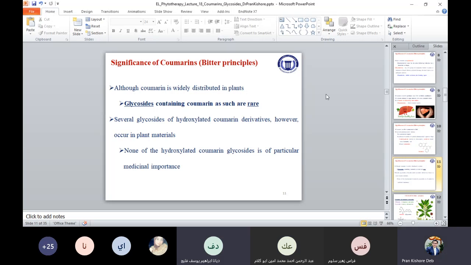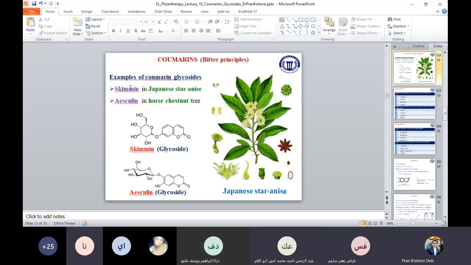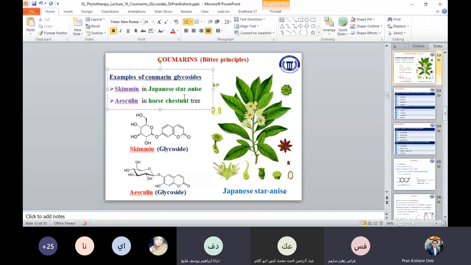So coumarin glycosides are rare, and those which are available don't have medicinal importance. How many examples of coumarin glycoside have we studied so far? Two examples, scopoletin and esculene. Skimmin is present in Japanese star anise, and esculene is present in horse chestnut.